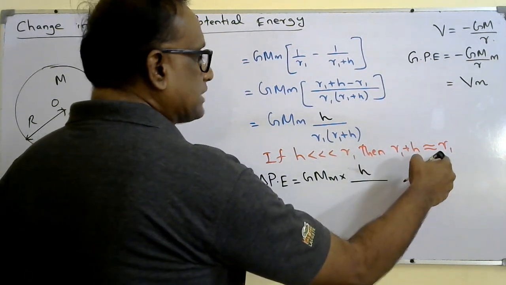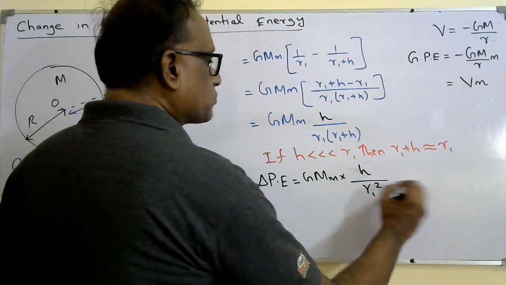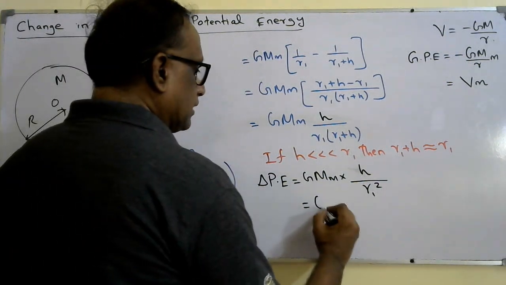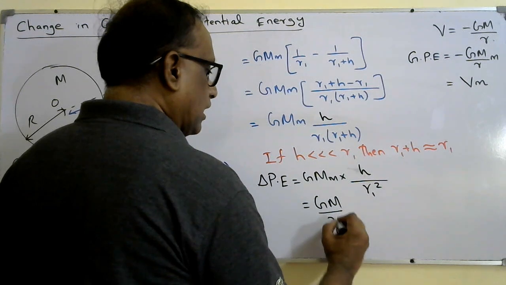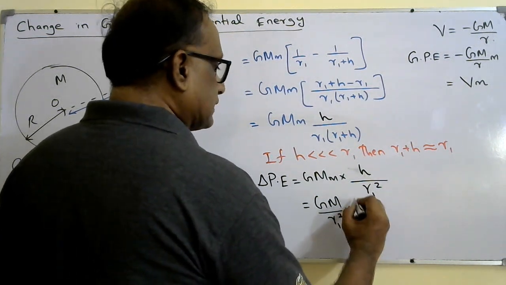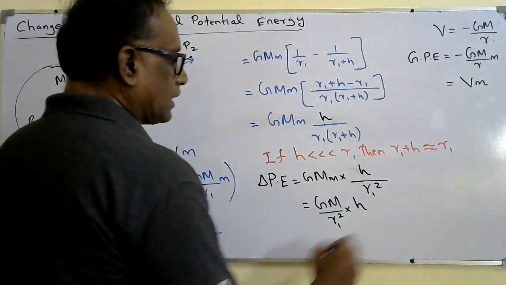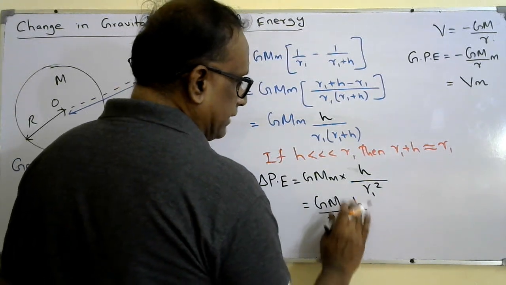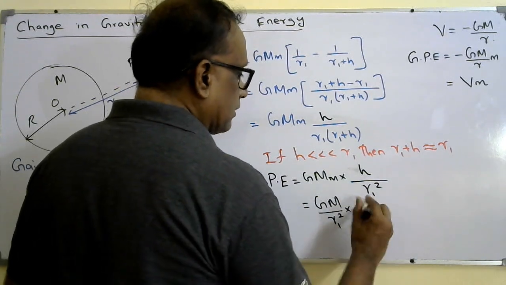So I can write GM over R1 squared into mh.